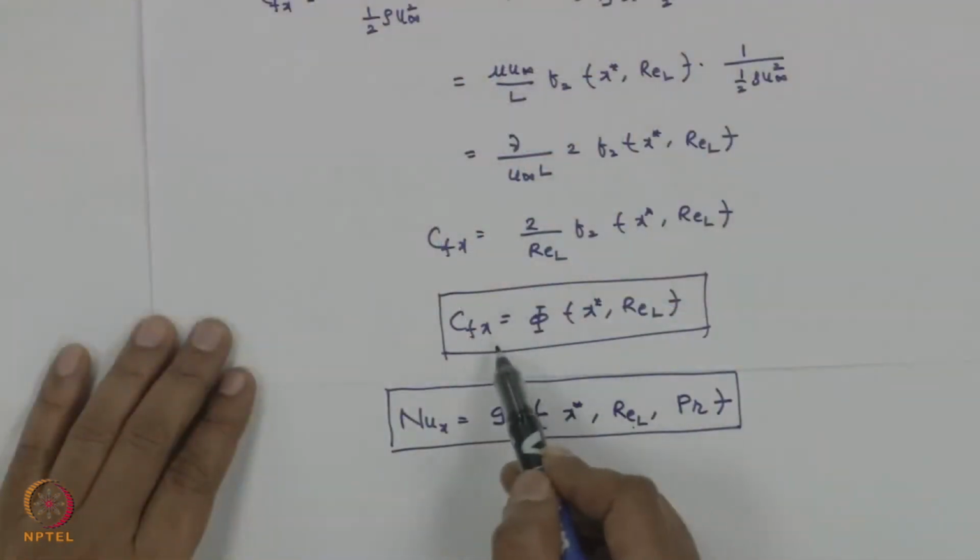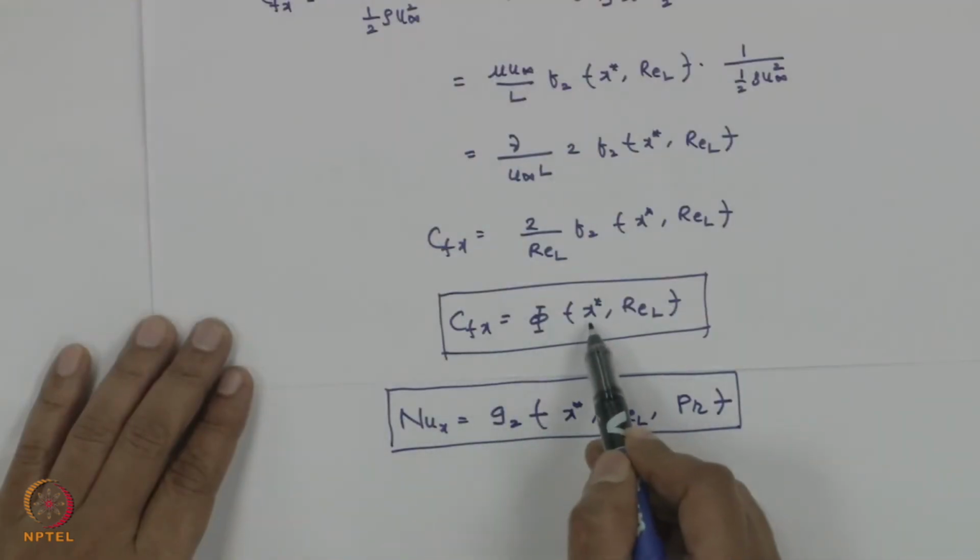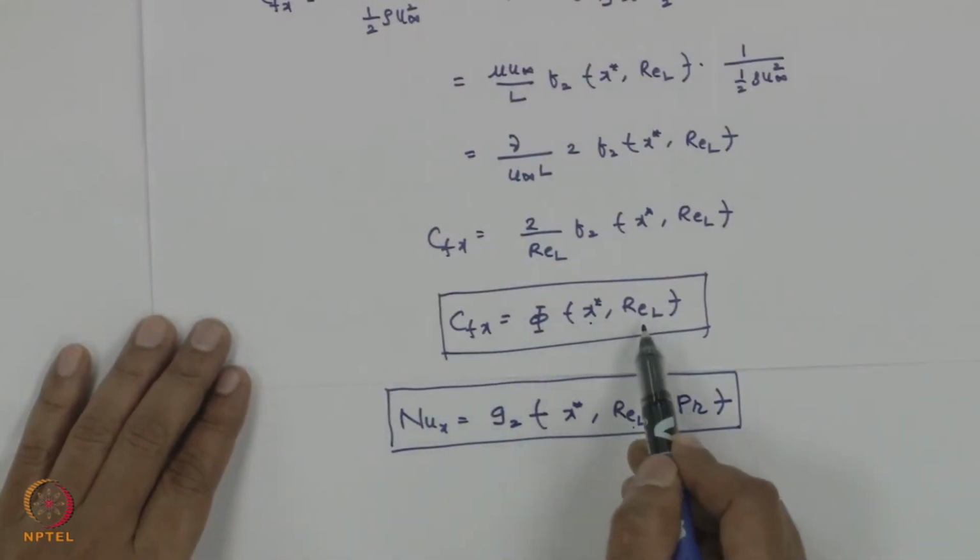So, this is what we get when we do the non-dimensionalization. The Nusselt number is a function of only location, Reynolds number, and Prandtl number, and the skin friction coefficient is a function of location and the Reynolds number.